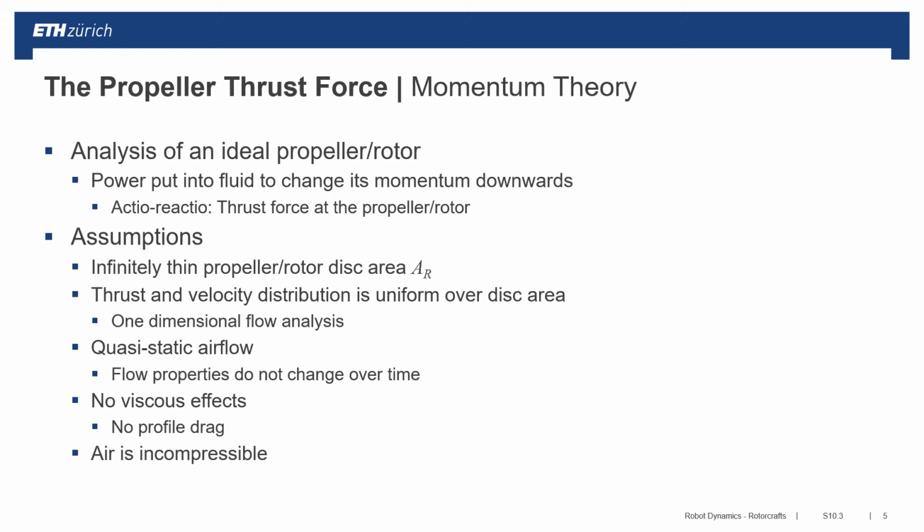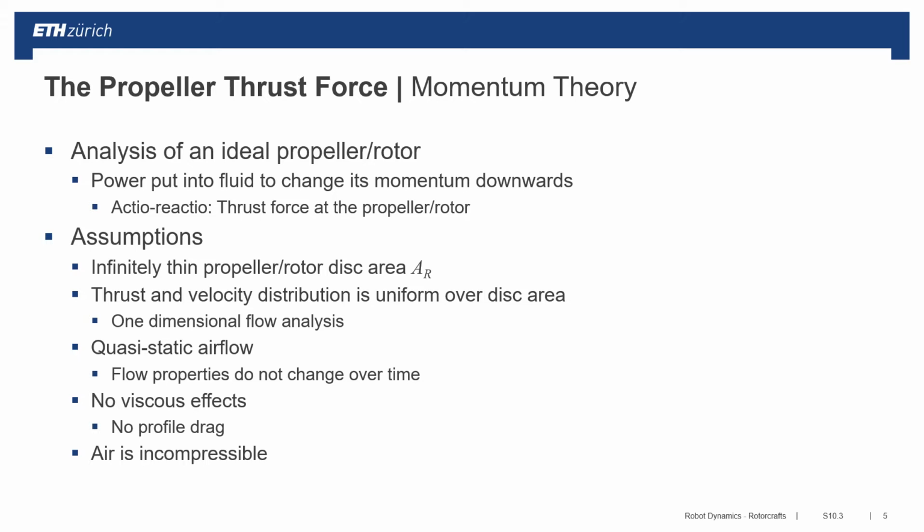For doing so, we have to take a couple of assumptions, which are typically well satisfied in the context of a rotorcraft. First of all, we assume that the propeller disc is infinitely thin. Furthermore, we assume that the thrust and velocity distribution is uniform over the disc, so we can look at a one-dimensional flow analysis.